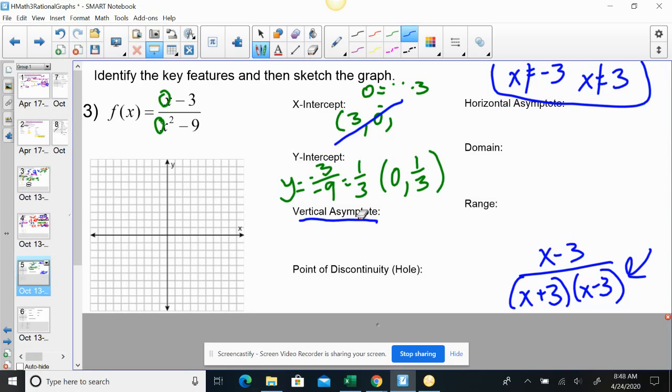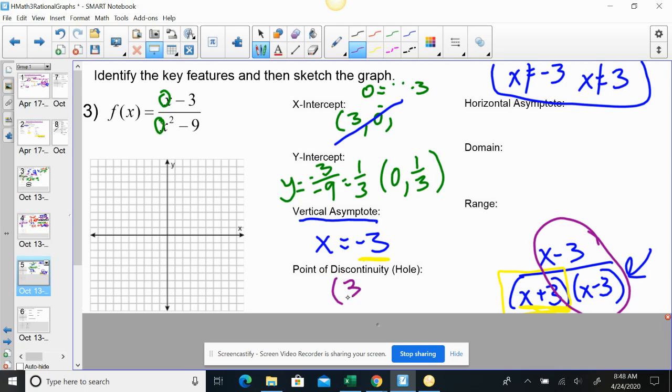I do have a vertical asymptote at negative 3, because that comes from this one that is not common, and x plus 3 is 0 when x is negative 3. A hole comes from this common factor.